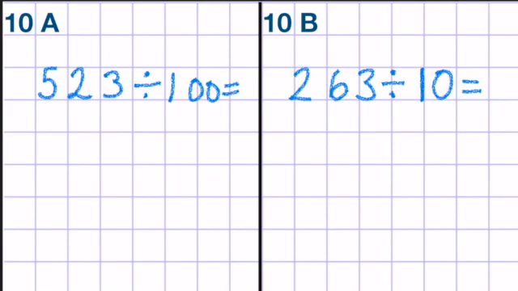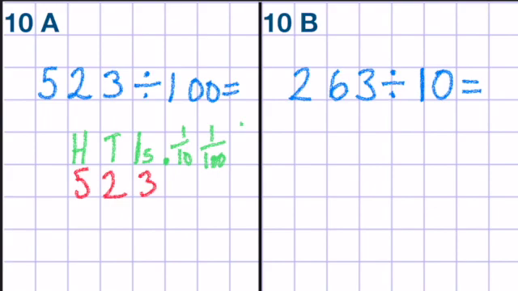So first off, I'm going to write 523 and I'm going to put my place value headings. I have got hundreds, tens, and ones. And I'm going to put a decimal point, and I'm going to put tenths, hundredths, thousandths.